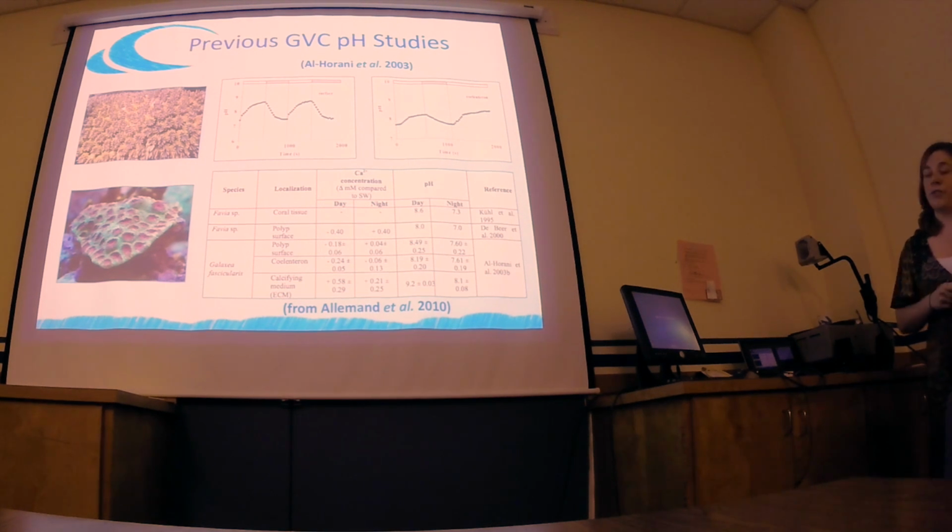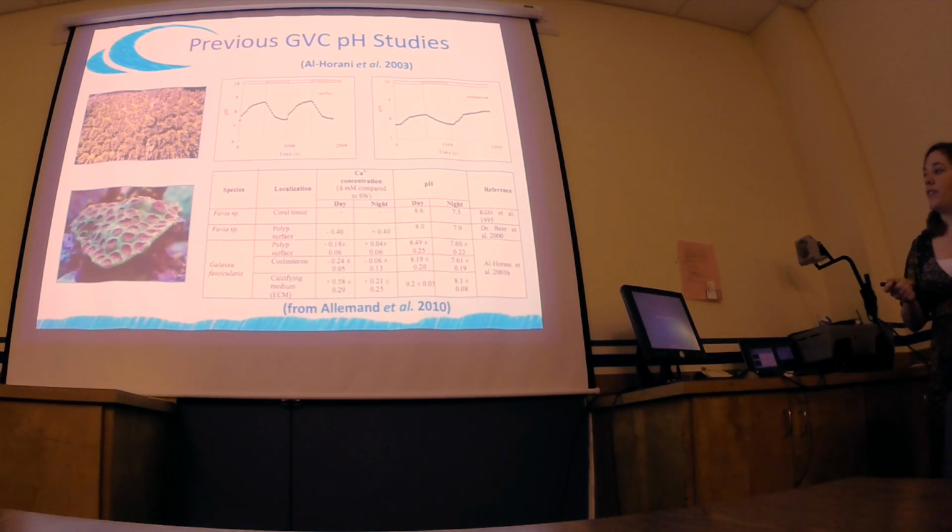Both of these studies were done at a normal pH of about 8.1, 8.2. And as you can see, the pH rises up closer to 9 in the light. And then in the dark, with these gray bars, we see that over time the pH decreases, and this time it goes well below the seawater pH, closer to 7.